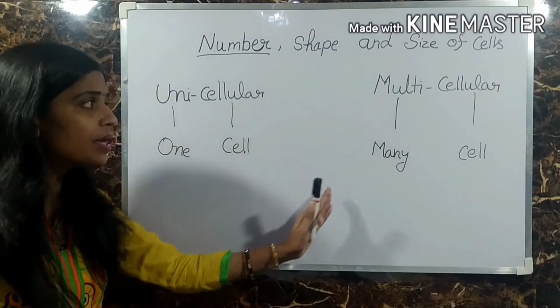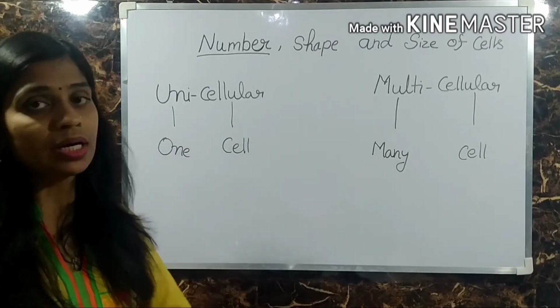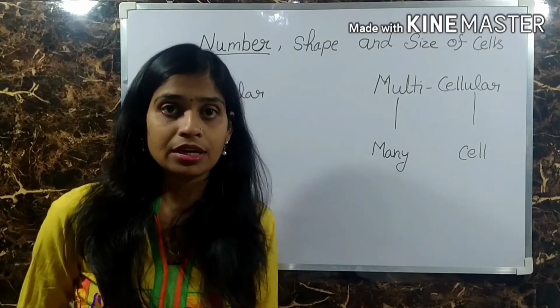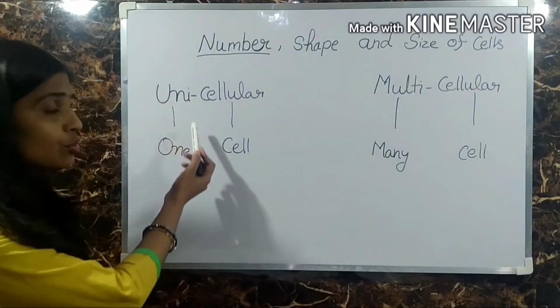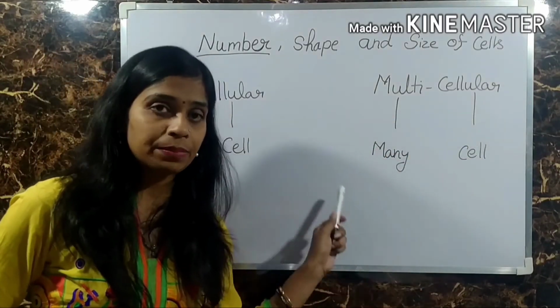There is a major difference between them: the unicellular are made up of a single cell and the multicellular are made up of multiple cells.